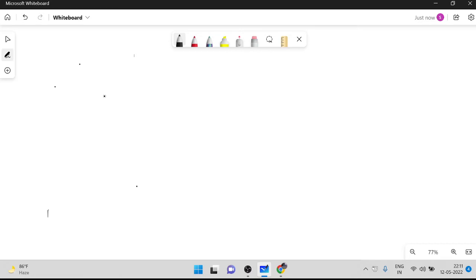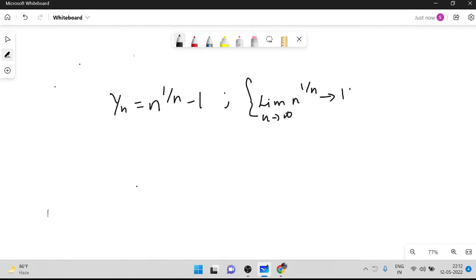Okay, so now I define a sequence yn equals n power 1 by n minus 1. Basically I'm trying to prove that limit n tends to infinity of n power 1 by n goes to 1. Infinity power 1 by infinity is 1. How? Let me prove.